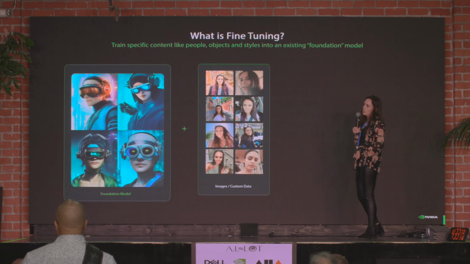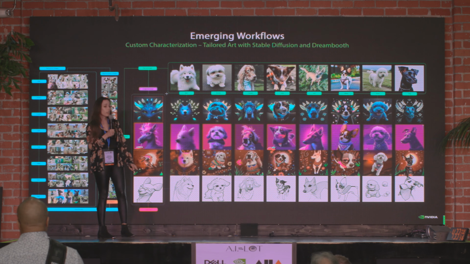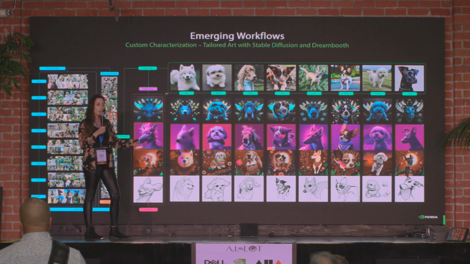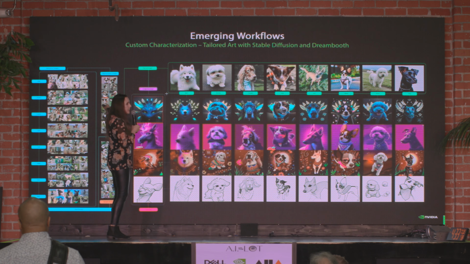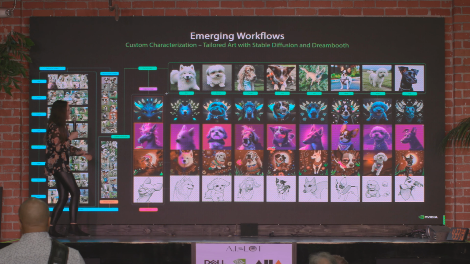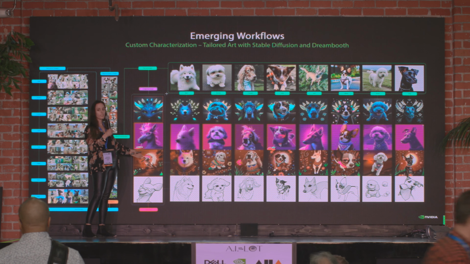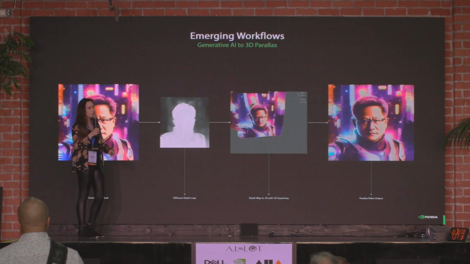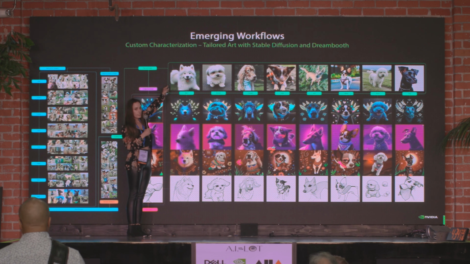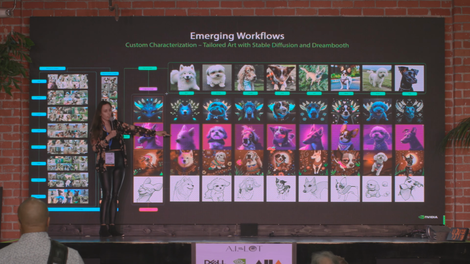Outside of just people, you have the ability to do this with anything, with styles, with animals, etc. Here, for example, I have a lot of friends. They all have dogs. I trained the network to recognize all of their dogs. And I also trained the network on some of my color palettes and artistic styles. Now, I can actually tell the network to generate the dog that I trained in a style that I made.